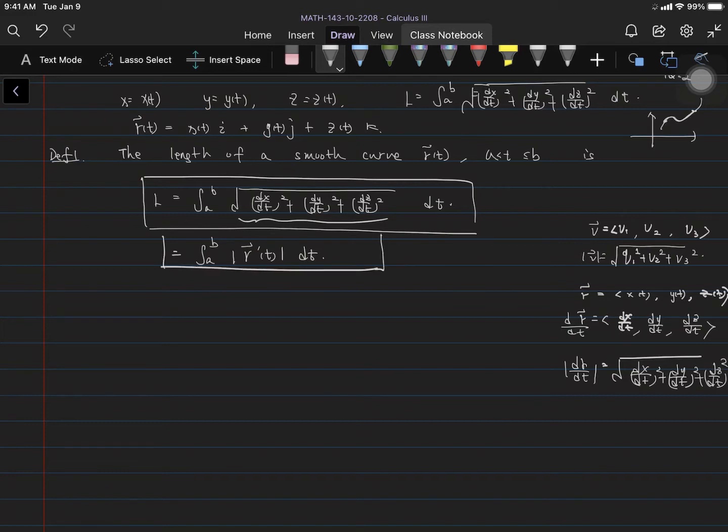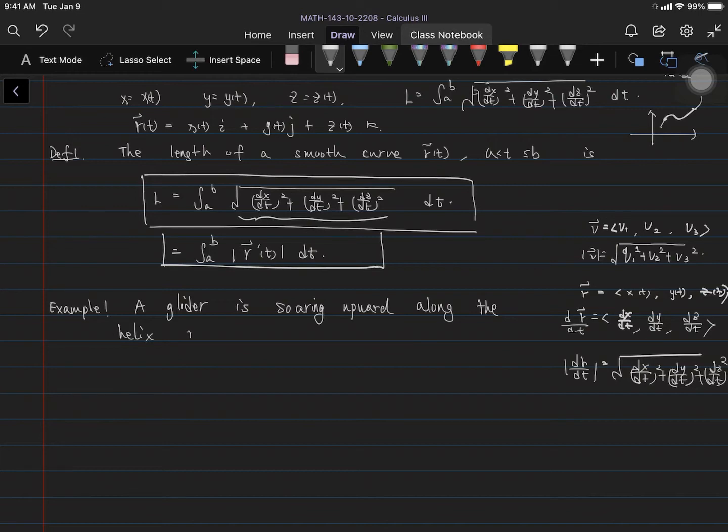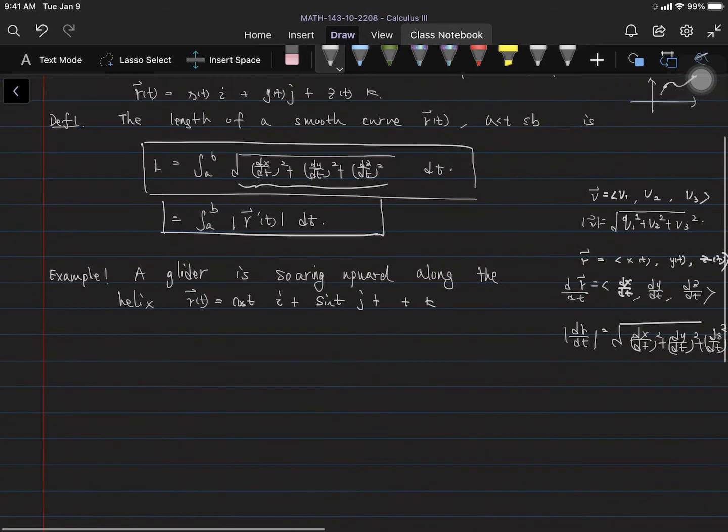Now let's take a look at an example. We have a helix. We have a glider shooting upward along the helix, which is given by the vector function cosine t i, sine t j, and here t k, because as t goes up, x and y satisfy a circle.